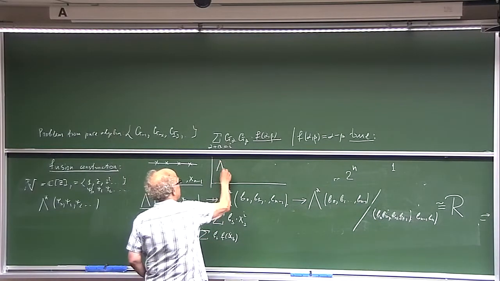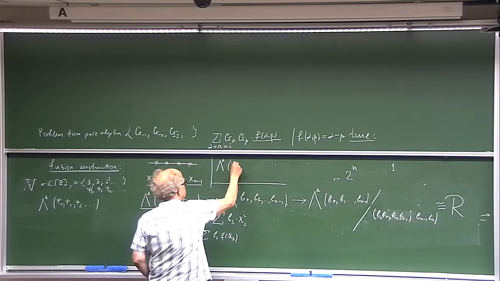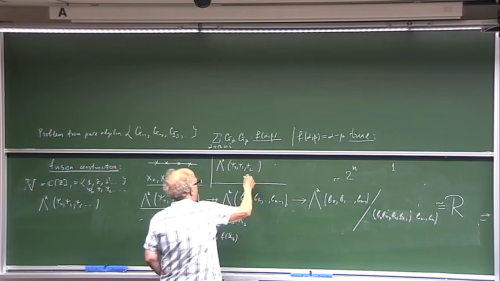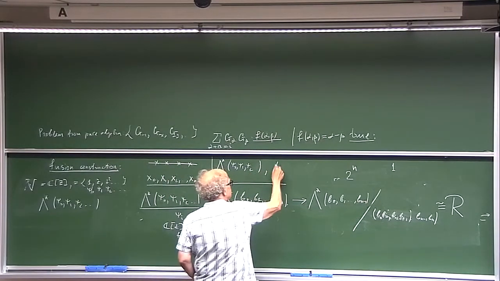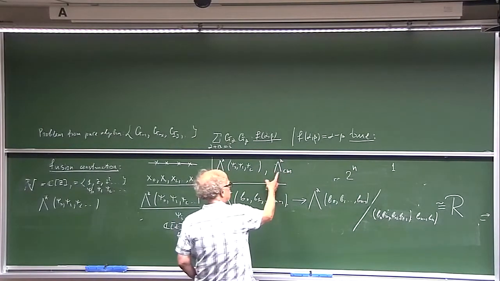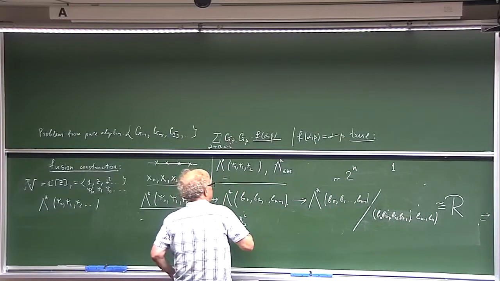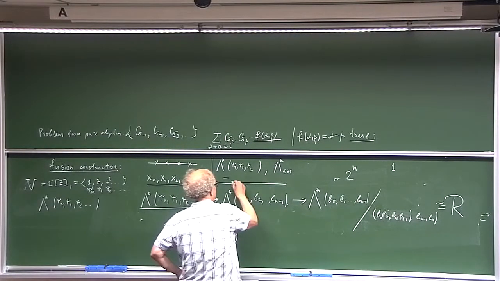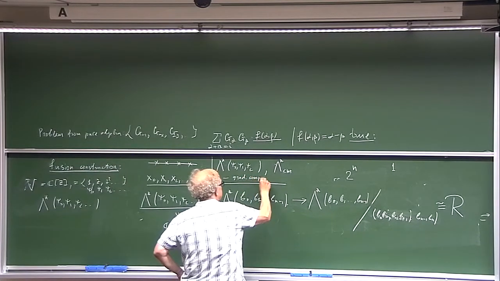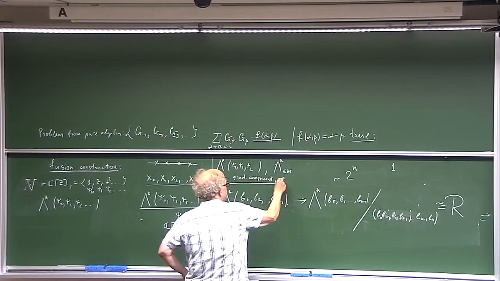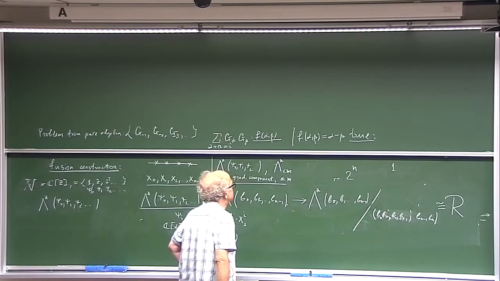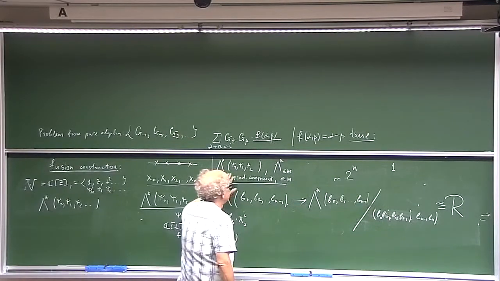And so inside this algebra, psi0, psi1, psi2, and so on, I have subspaces. By this I mean the sum of graded components which are equal to 0, 1, 2, 3, and so on. Call it M.